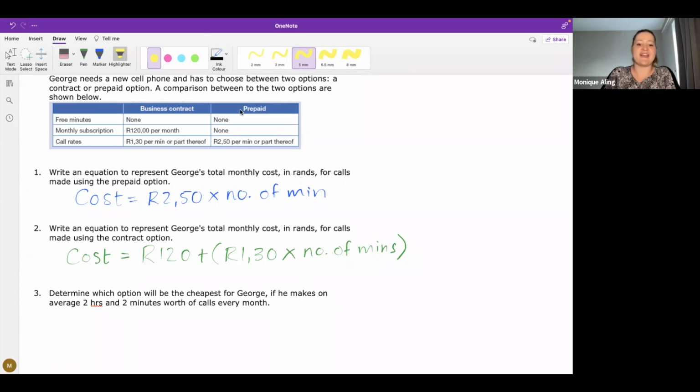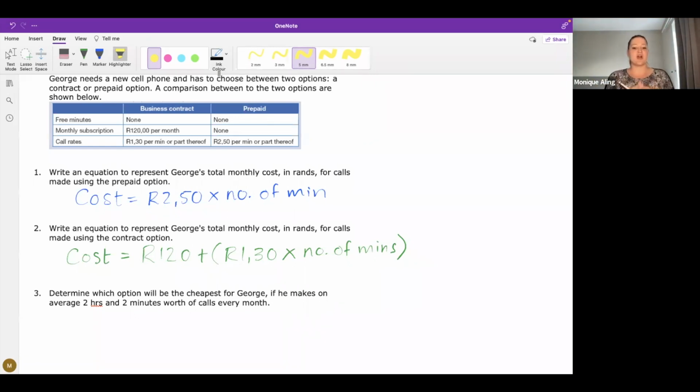Poor mistake. Okay, don't worry. It's a good question, Larato. Let's check. We're gonna find out now. I think that's maybe the common error here. So let's look at the prepaid option.